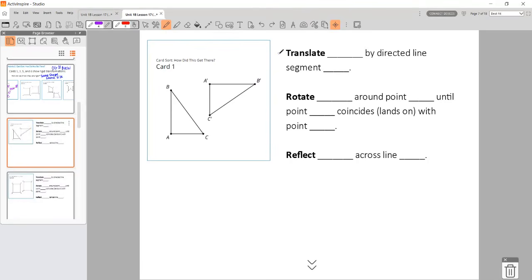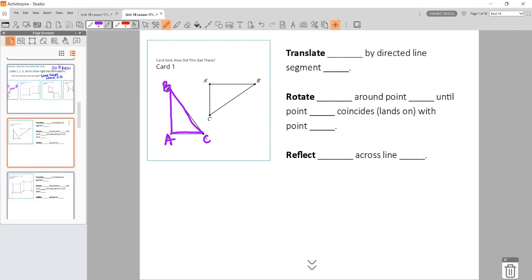But if you go in this order, translate if you need to, rotate if you need to, reflect, by the time you're done, the original will be on its image. You're going to see a couple of these that require all of them, one of them, or two of them.